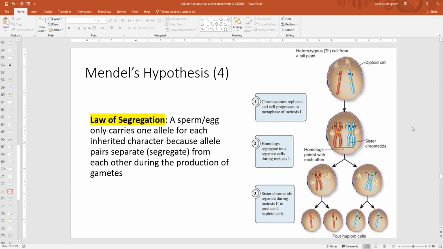And then again, via meiosis, sexual reproduction, etc., this means different combinations of genes are found in all of the haploid cells generated via meiosis. Goodness gracious. All right. So those are the 4 hypotheses.